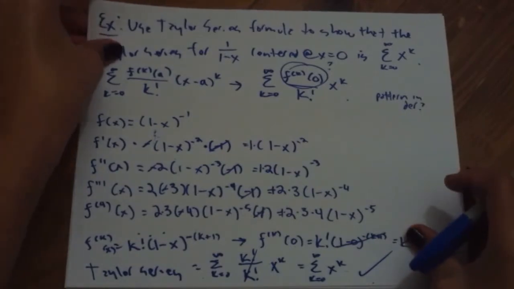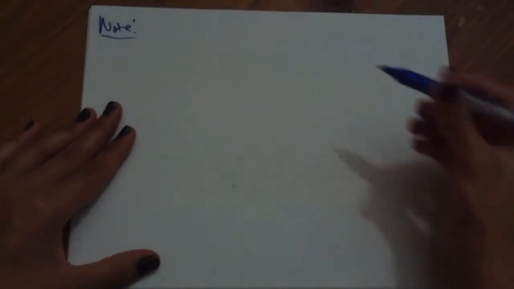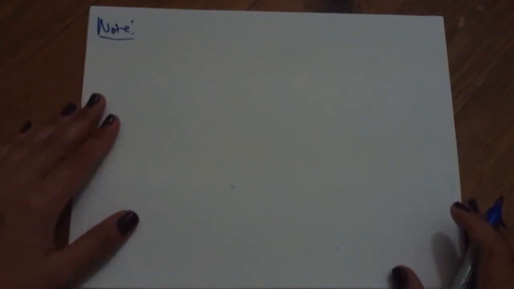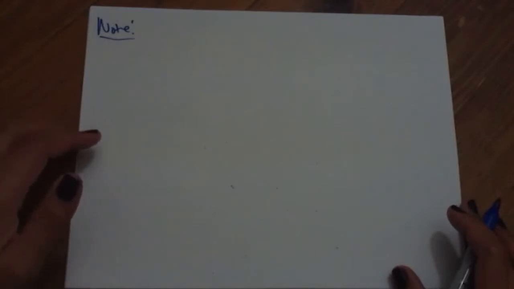Now, a couple notes for this that I should mention. One, kind of like we've been working with a lot so far, we very frequently center these things at 0. A reason for that is it makes plugging stuff in really easy a lot of the time. So it's something that we actually do pretty frequently.